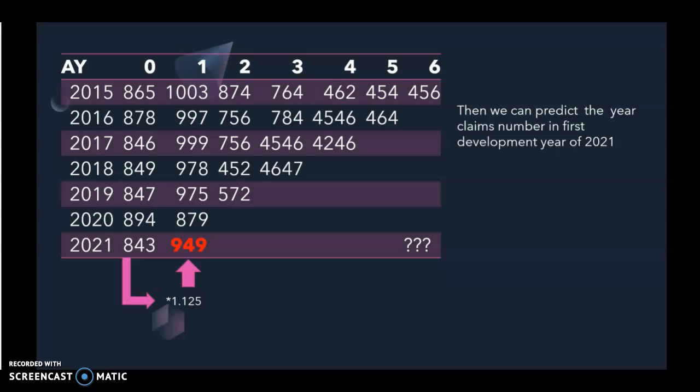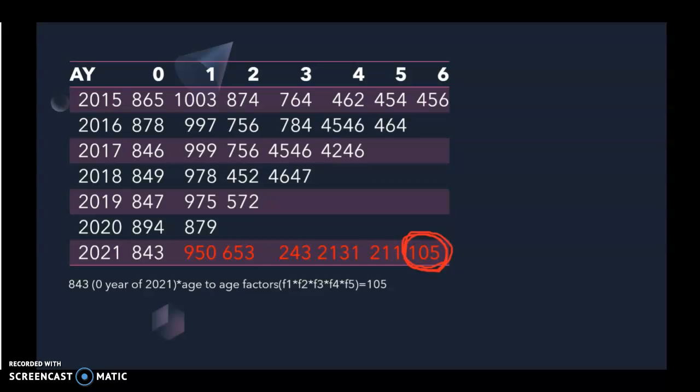So for example, if we want to calculate the first year of 2021, we can use the 0 year of 2021, which is 843, times the 0 to 1 factor, which is 1.125, and we get 950. And if we use this 950 times the age-to-age factors until the 6th year, then we get the 6th year loss value, which will be 105.